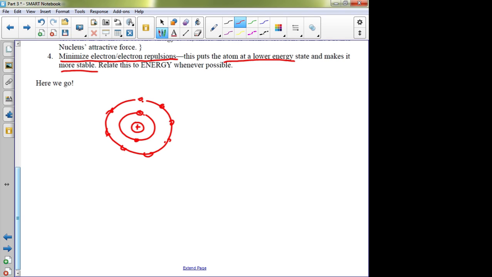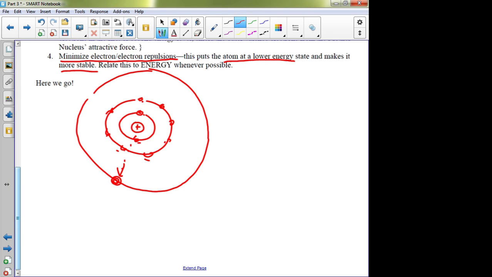I know I'm drawing sloppy. By the time I start getting out here, these electrons can't feel the nucleus as much because, A, they're farther out, but B, these negative electrons are shielding them from being able to feel that positive force. So it just pushes them out even further.